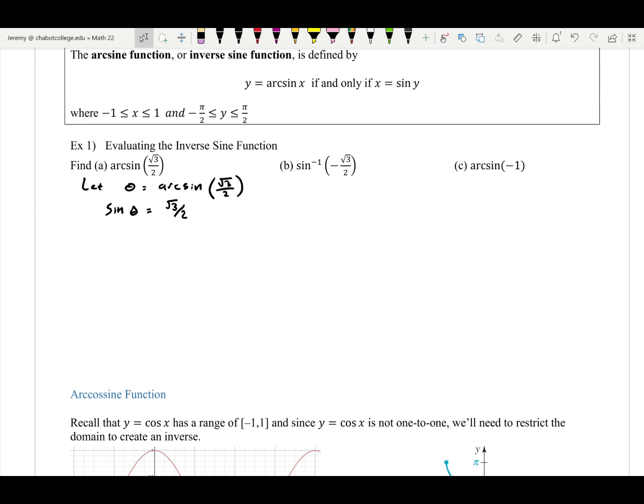Okay, so now the question is, which angle, and specifically between negative pi over 2 and pi over 2, is going to give us an output of root 3 over 2. So I'm actually going to write this out because this is sort of like the script that I go through in my head.